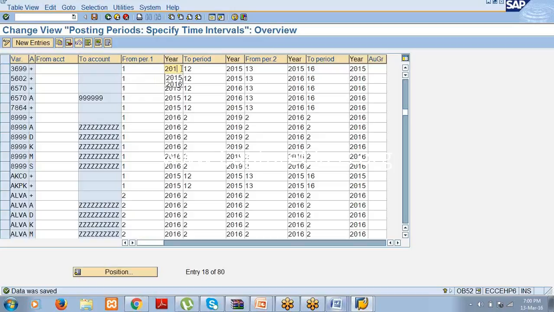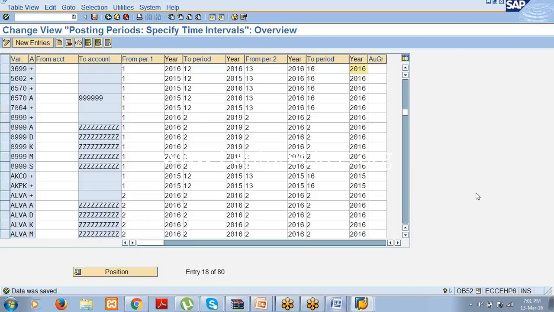But here in our training class, our fiscal year variant is K4, right? That's why I'm using 2016. Now, Giri, are you clear with the posting period variant? Still, I have a confusion. Tell me, what's your confusion?